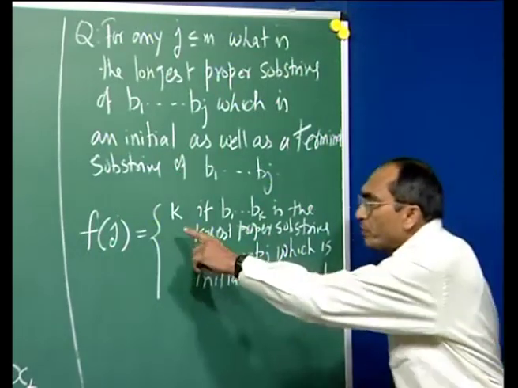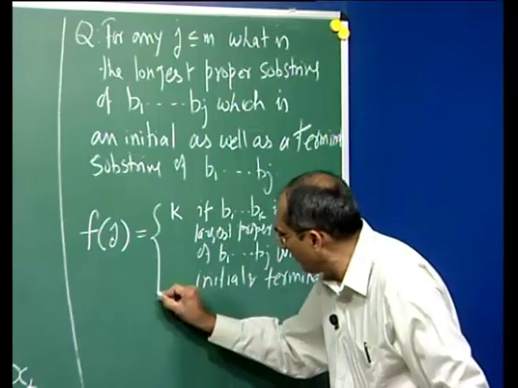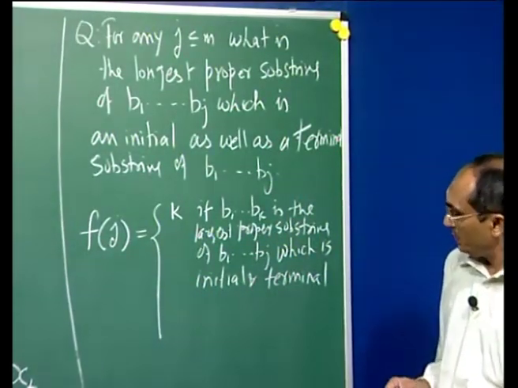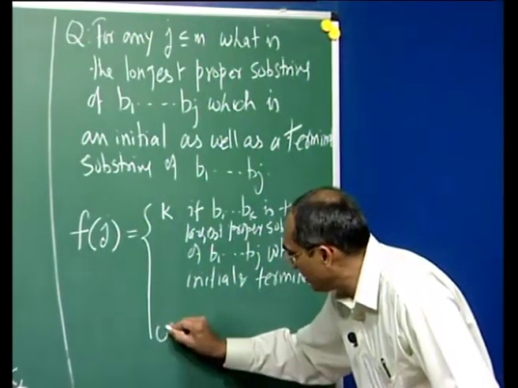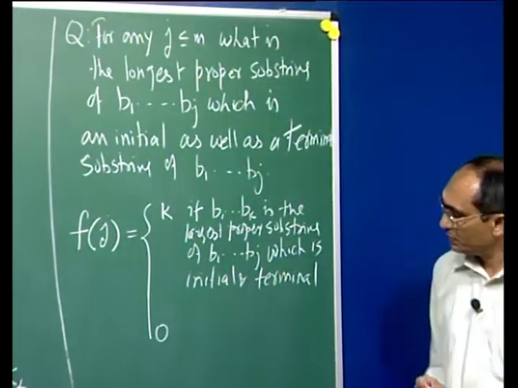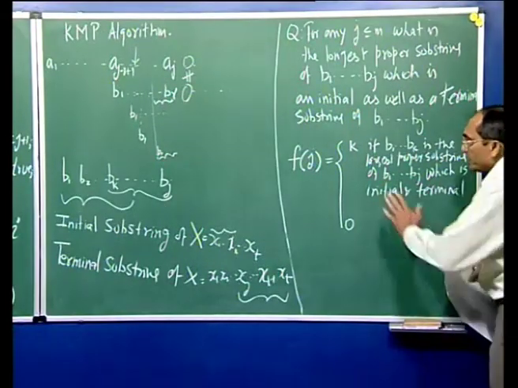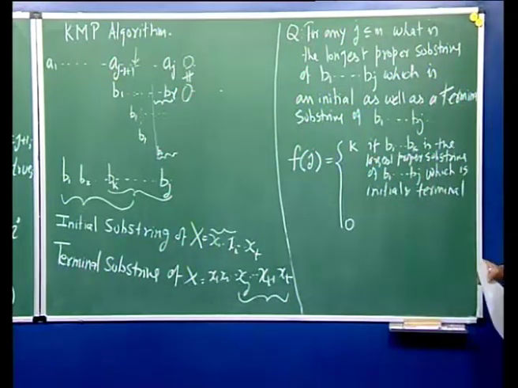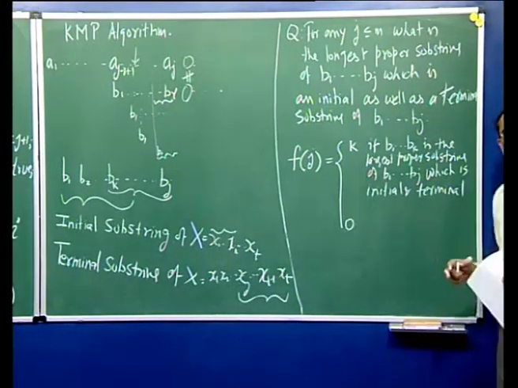So, k has to be strictly less than j. If you find nothing, if there is no string which is both initial and terminal, then we will output 0. So, what we will do is, we will first describe an efficient method to compute this, and then we will go on to devise an algorithm based on this information.